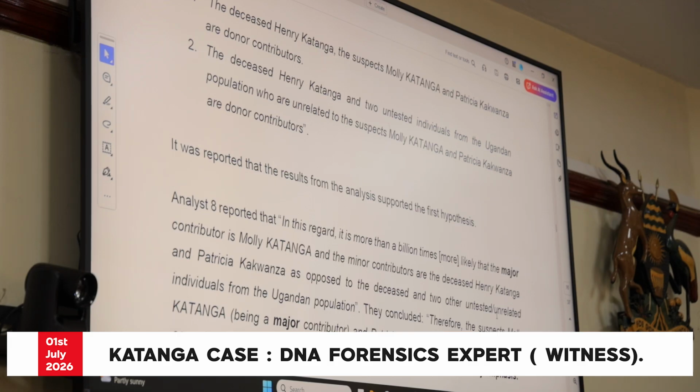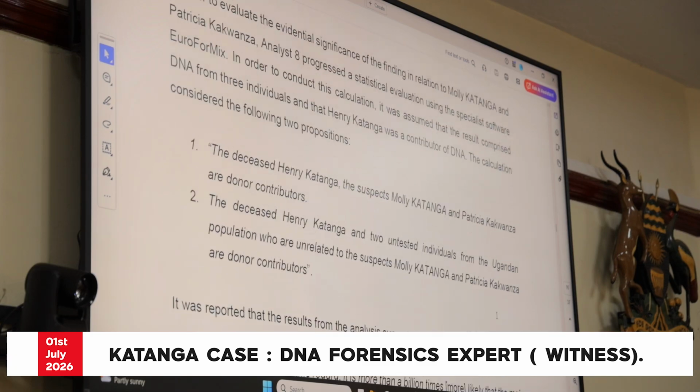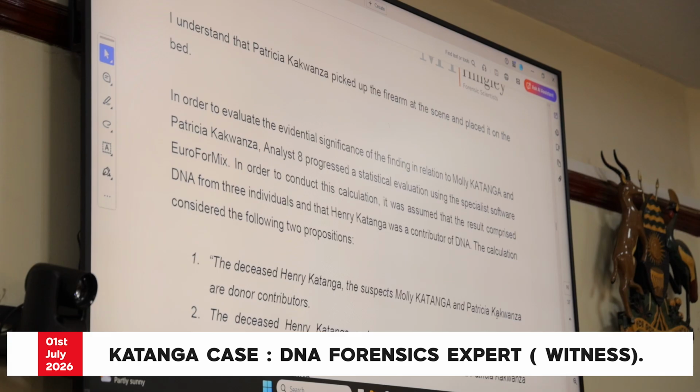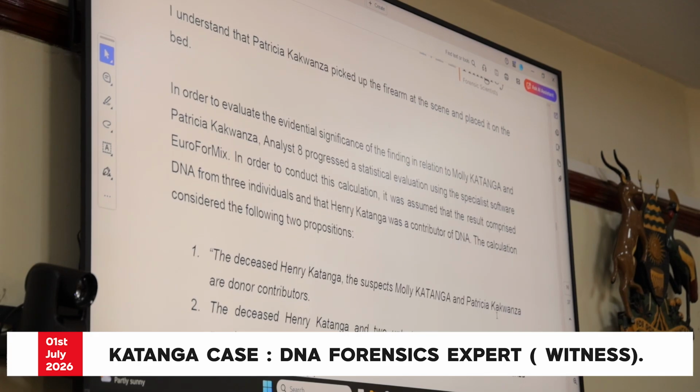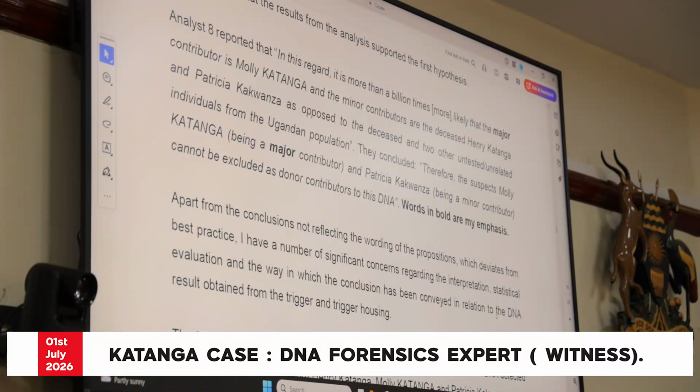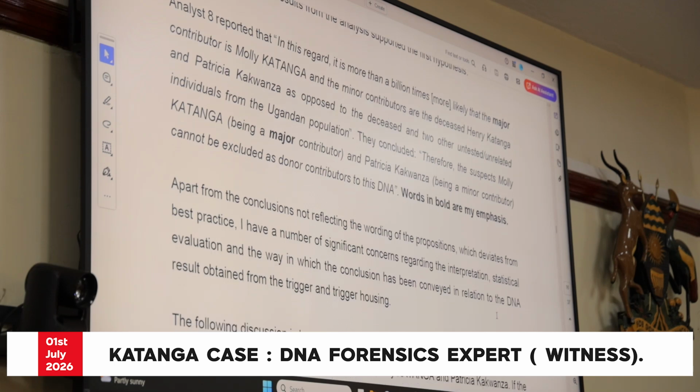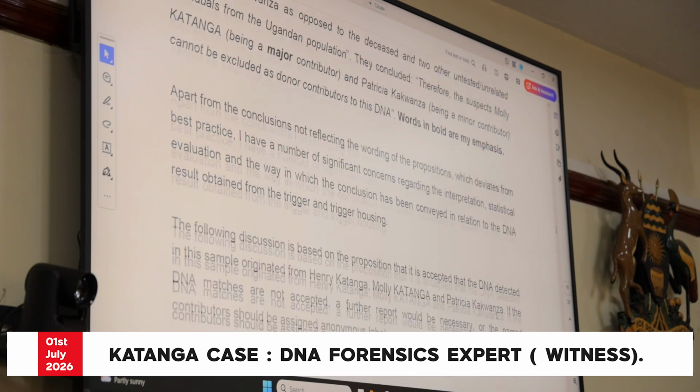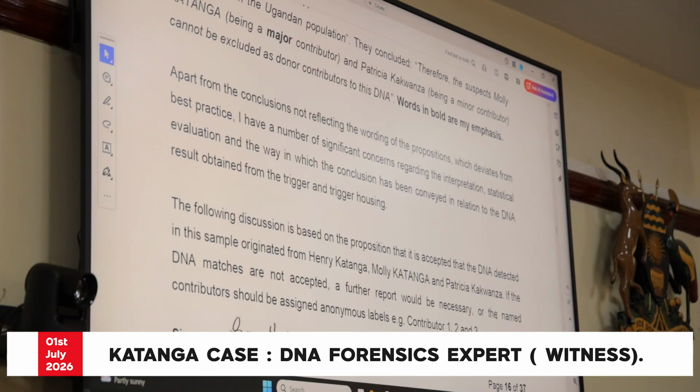Therefore, this statistic is not representative of the DNA profiling results, including information we have about contact Patricia had with the firearm, and therefore the statistical evaluation presented should be disregarded in relation to this sample.